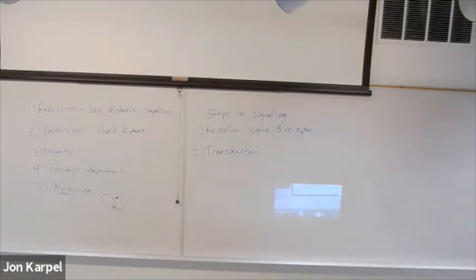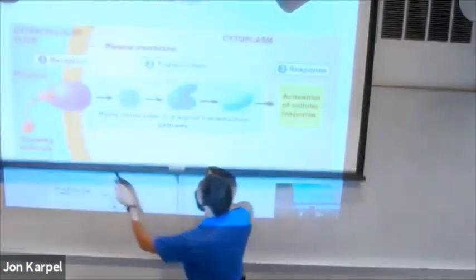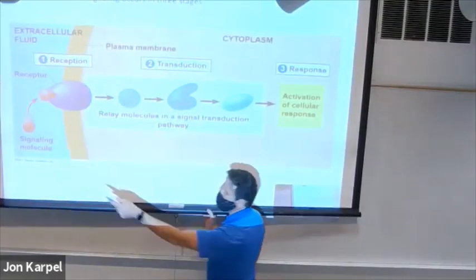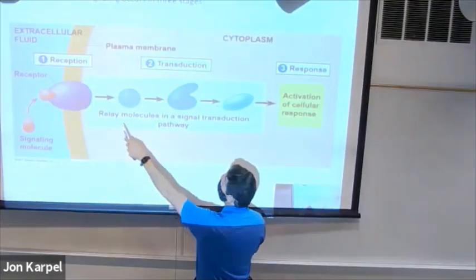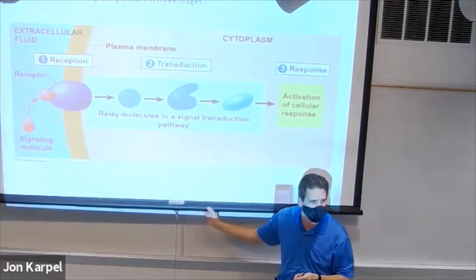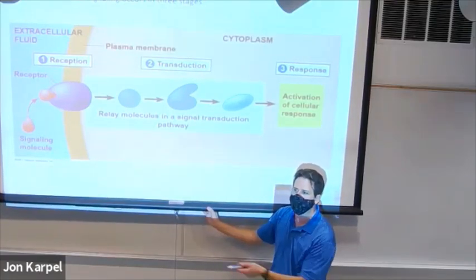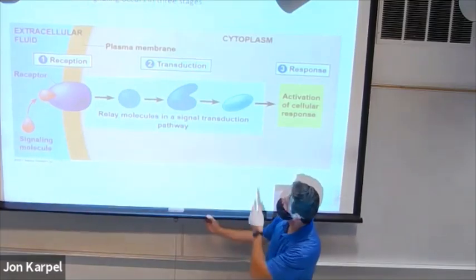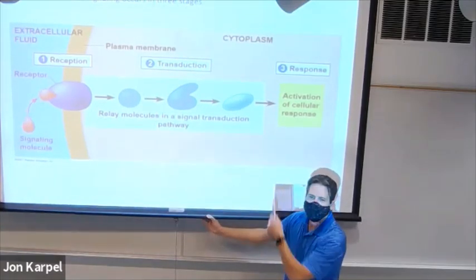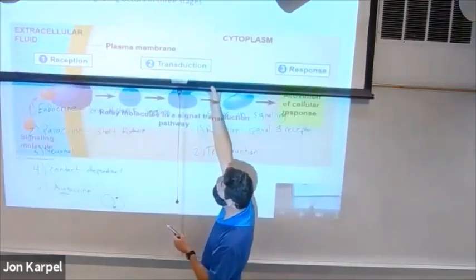Notice they're not passing the signal molecule, are they? If you look at this picture, the signal molecule is still outside the cell. So these proteins are going to interact by activating each other. That's how they're going to pass the information from one protein to another. I kind of think of it as a relay race or some sort of a cascading effect, how they're going to act on each other. I'll show you an example here in a second.